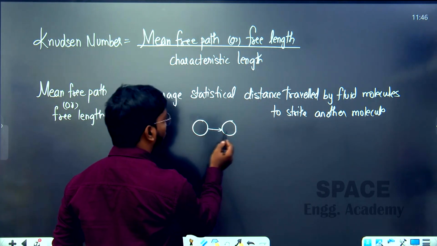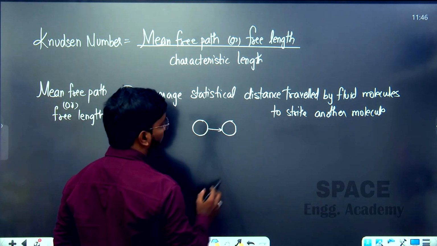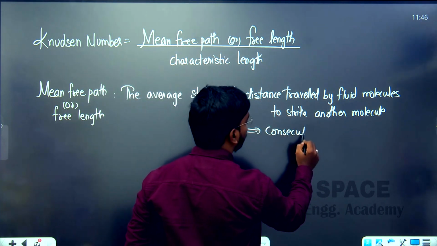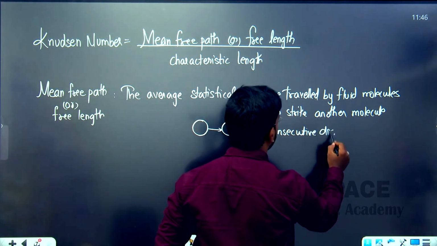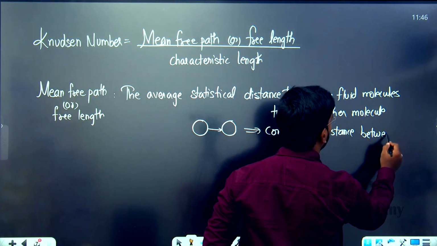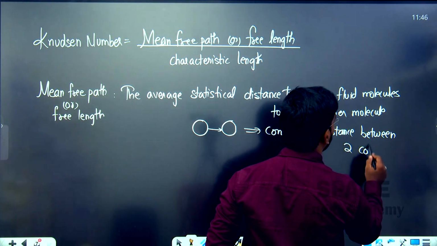This is molecule 1, this is molecule 2, this is the travel distance here. So, the consecutive distance between two collisions.